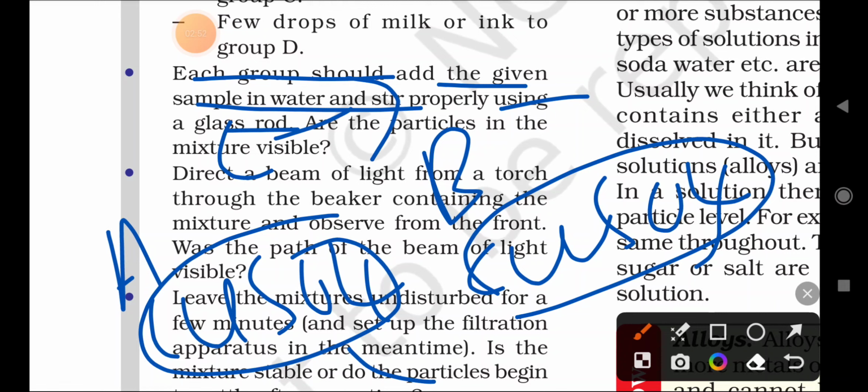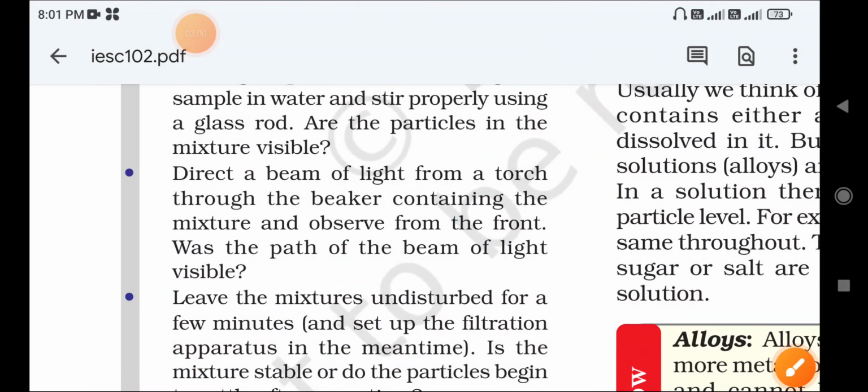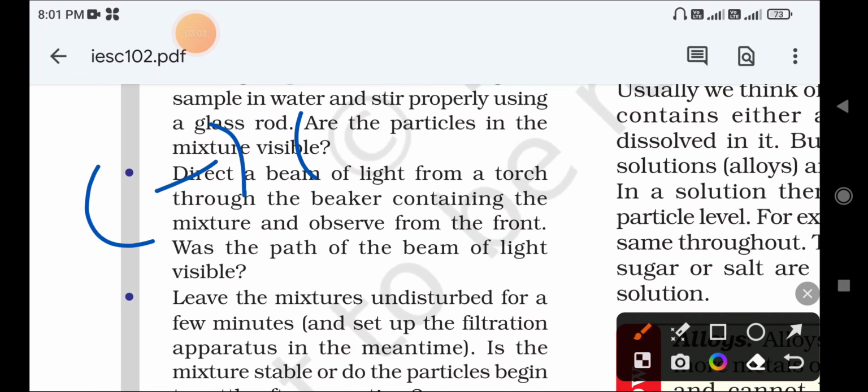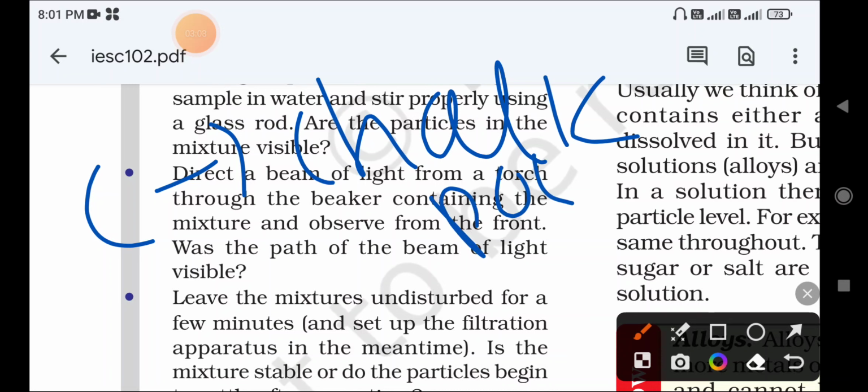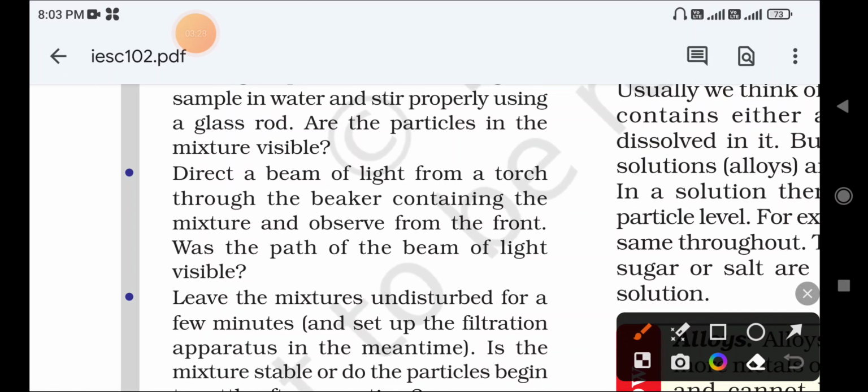C group has chalk powder or flour, and the fourth group adds milk or ink.